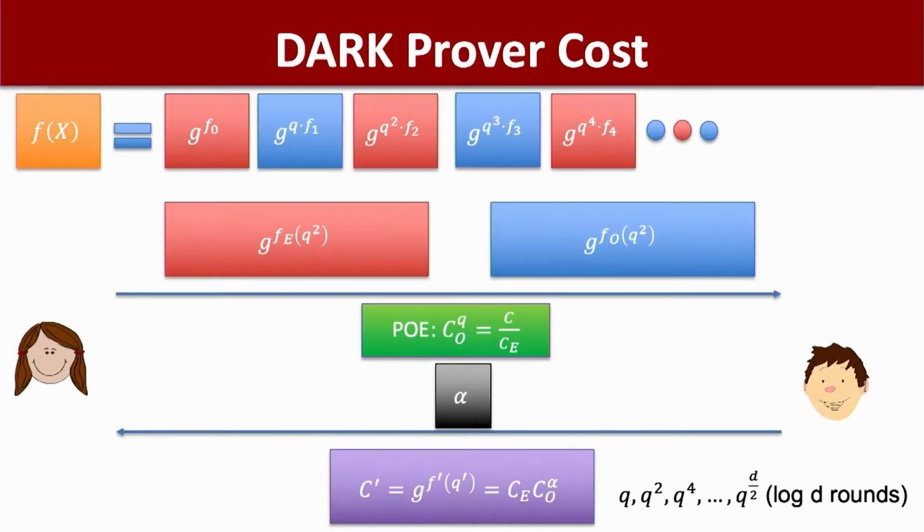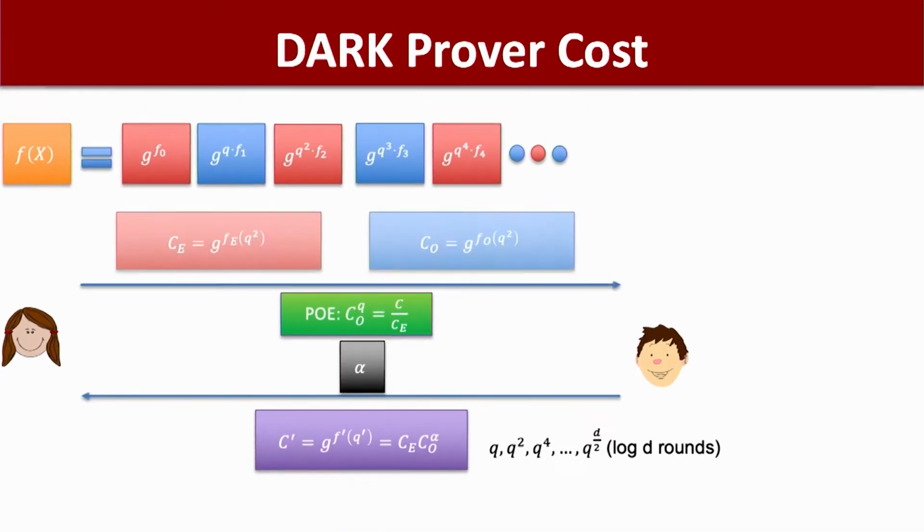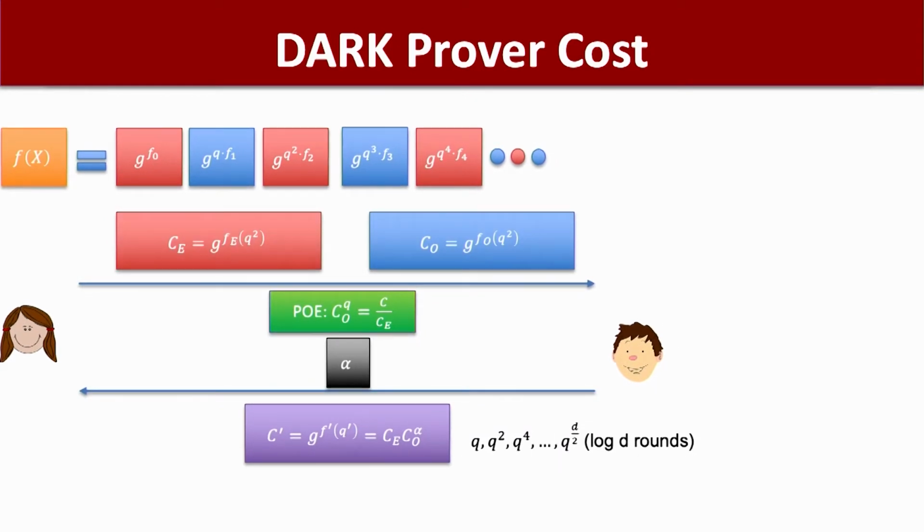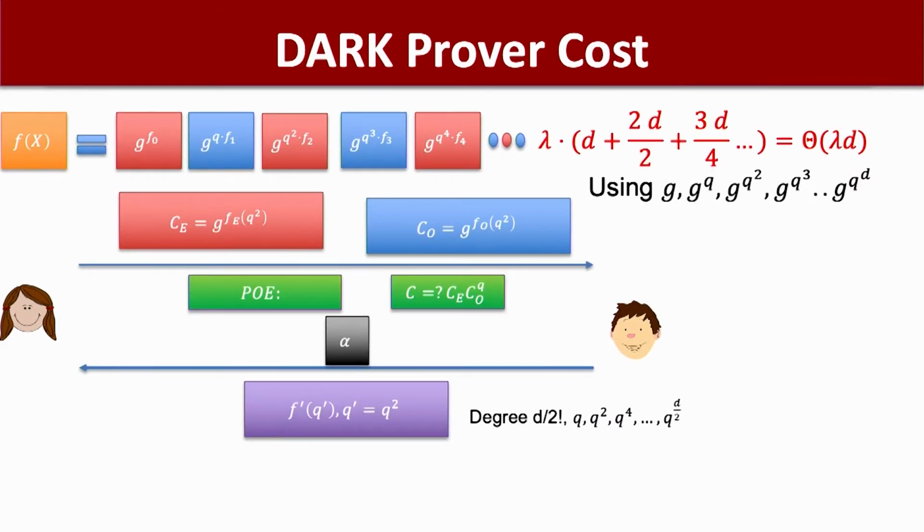And that is going to be a problem, because now let's look at the prover cost of this protocol. Basically the commitment step, so this is in every round. In the first round, I have to commit to a polynomial of degree d, and this can be done in d steps.